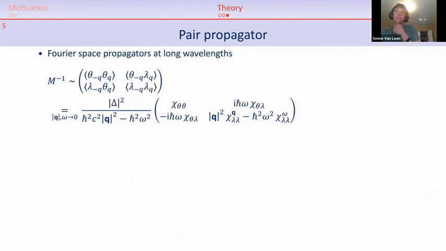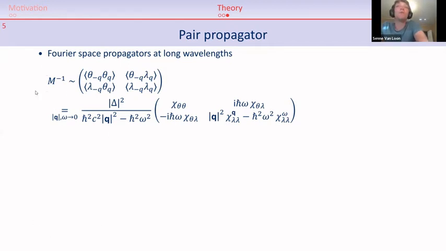So before I move on to the results, I want to look at this fluctuation matrix a bit more in detail. And as I said, it acts like the inverse pair propagator, and it's useful to look at it in the long wavelength limit, where again we can study it analytically.